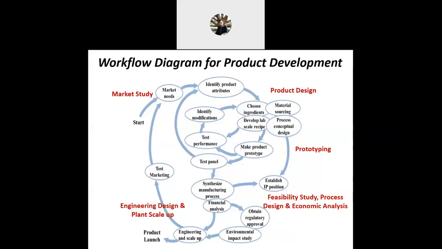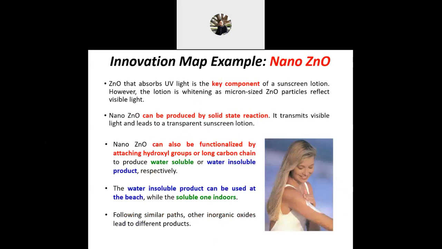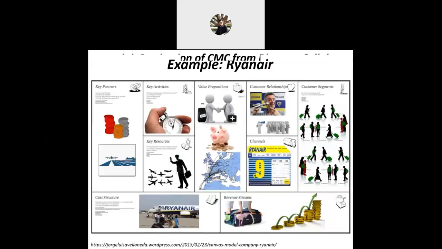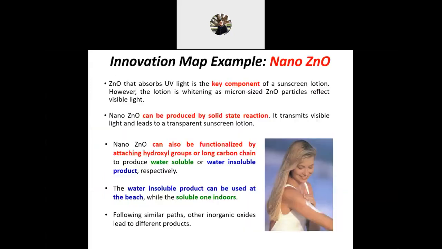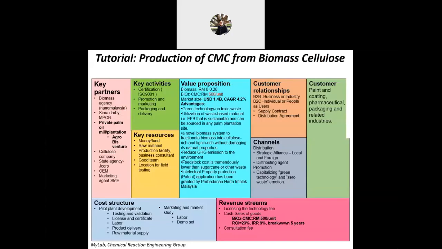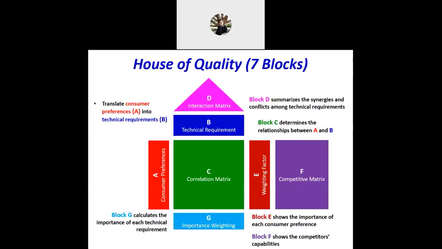Okay, if no questions, later I will put up the assignments. The questions are more related to the house of quality. Yes, I think so.